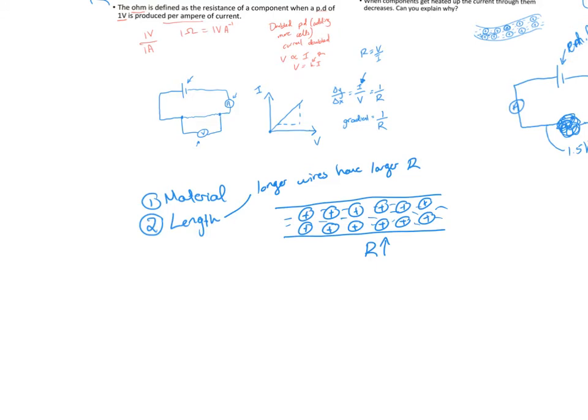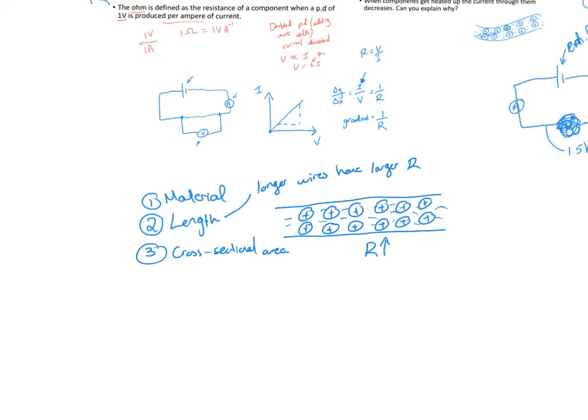And then we have the cross-sectional area of the wire. That's important. This is quite similar to what we said before. By increasing the cross-sectional area of the wire, it's much more like having a number of wires bundled together. If there is no increase in potential difference, that will mean that there are more electrons available to flow.